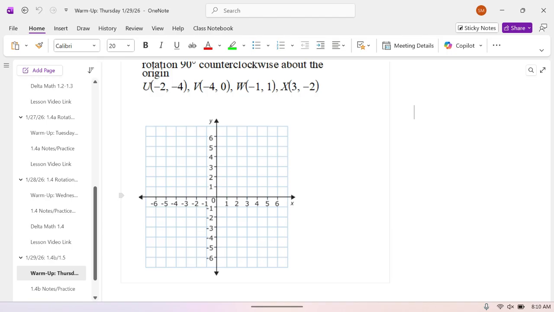So if there is snow and we're out for a couple of days, your job is to get your journal done, work through the review, and do any delta math that you still have to do. All right? So remember, because a couple of you have asked me this question, delta maths, the way I grade them is I do the initial grade the day of the test.